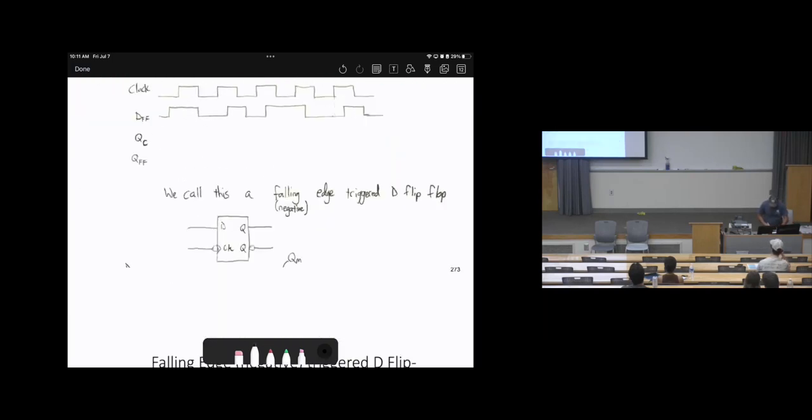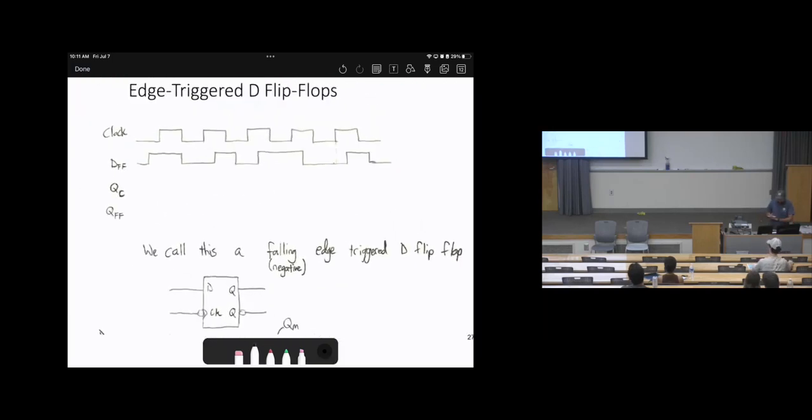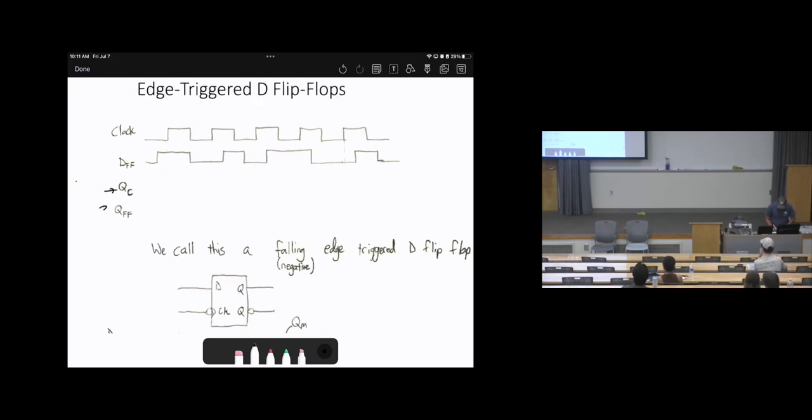Let's imagine we have this clock, and these are the inputs. We have this one based on latch, the other one based on flip-flop. And let me assume a rising edge.